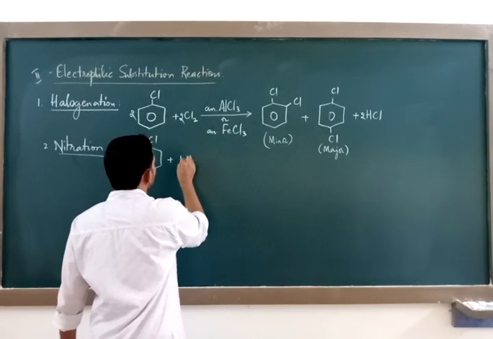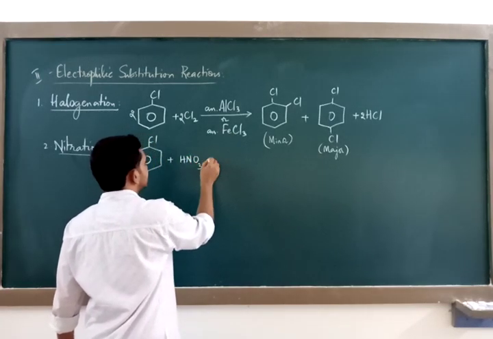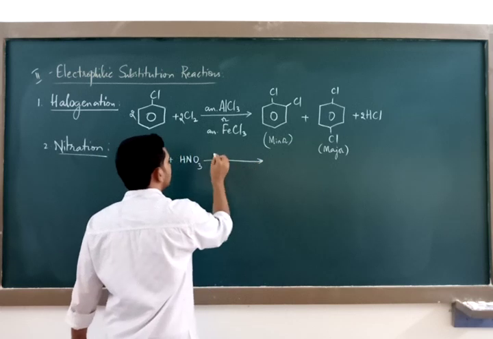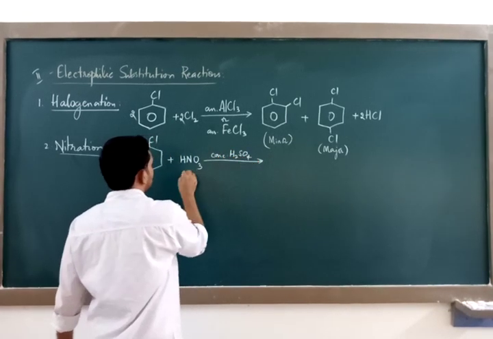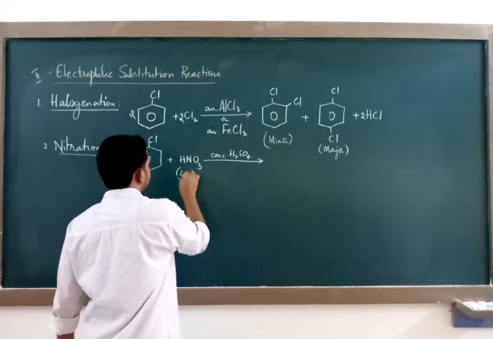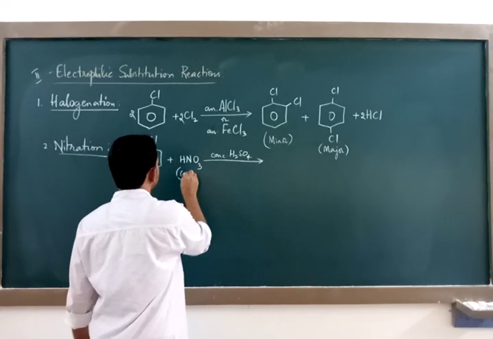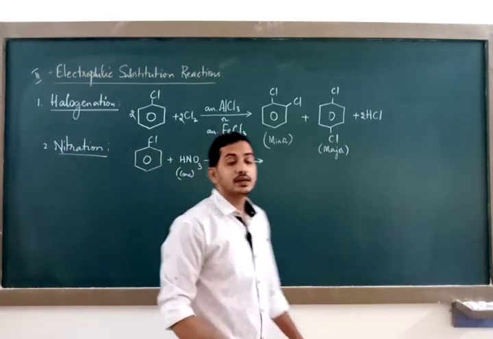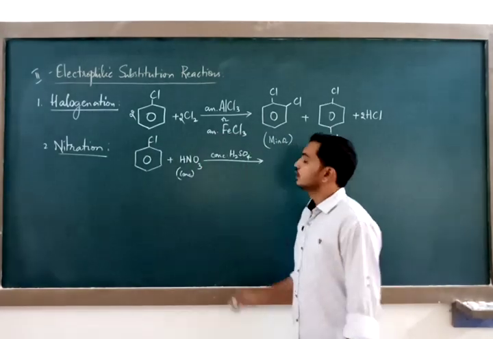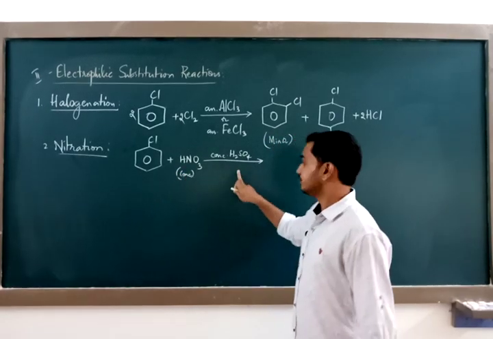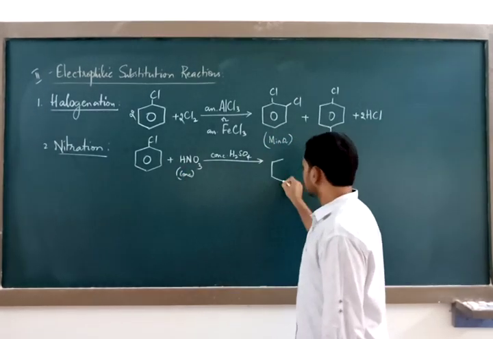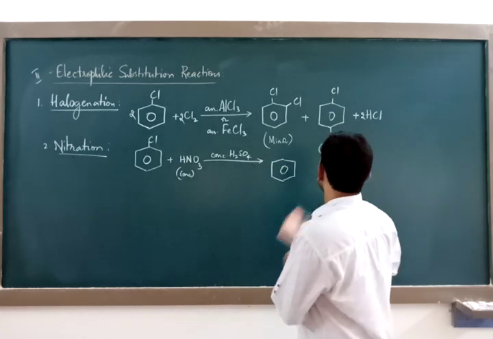A mixture of concentrated nitric acid and concentrated sulfuric acid. A mixture of both concentrated nitric acid and concentrated sulfuric acid is called nitrating mixture. When chlorobenzene is reacted with nitric acid in the presence of sulfuric acid, you get 2 products.